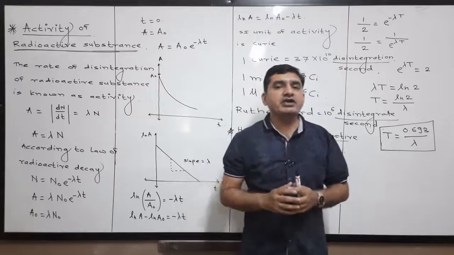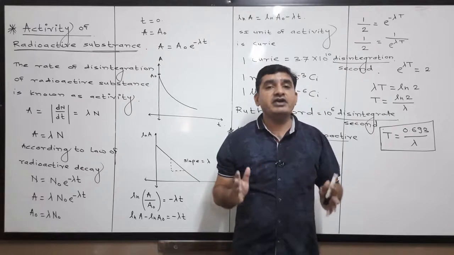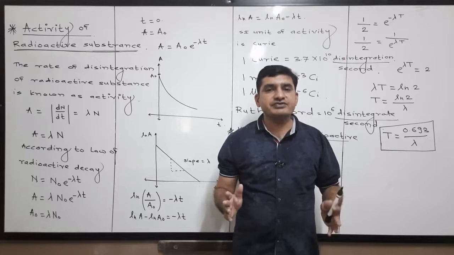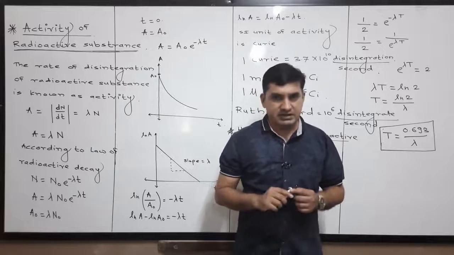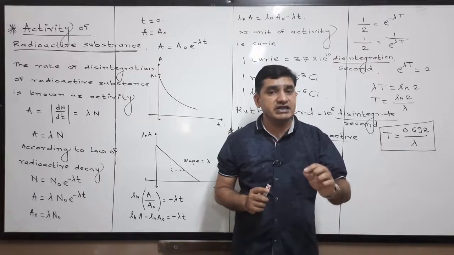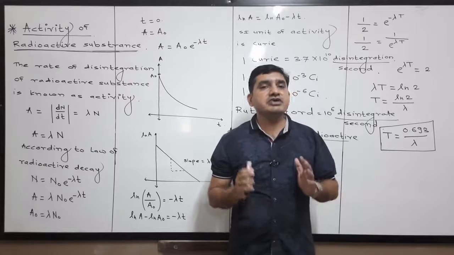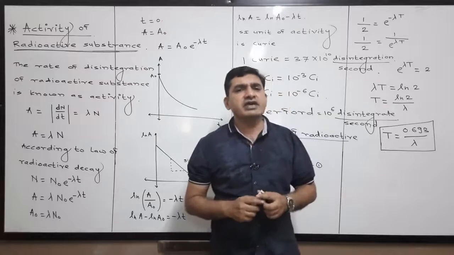The activity of a radioactive substance, the rate of disintegration, or simply the number of radioactive nuclei disintegrating per unit time, is known as the activity.